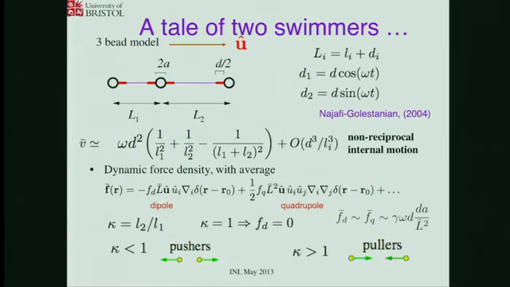And indeed, if you average this force over a cycle, you do find that it starts off with a dipole term, and you can actually calculate what the dipole and quadrupole terms are for this object. So you find that the force density, the dipole term and quadrupole term, both go like the square of the maximum of the arm length, and are proportional to the frequency at which it moves.